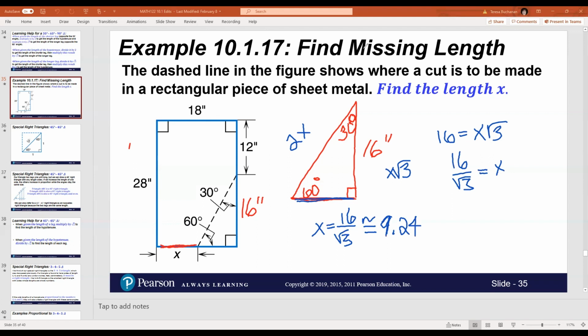And it turns out in this case, 9.24 is the better approximation for this distance. 9.24 is this distance, which says then that the missing X value that I'm actually hunting is 18 minus that 9.24, which makes that, what, 8.78? Let's check. Hold on, let's do that again. So 18 minus the 9.24.